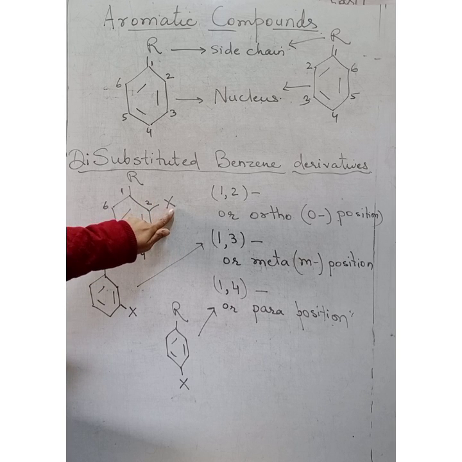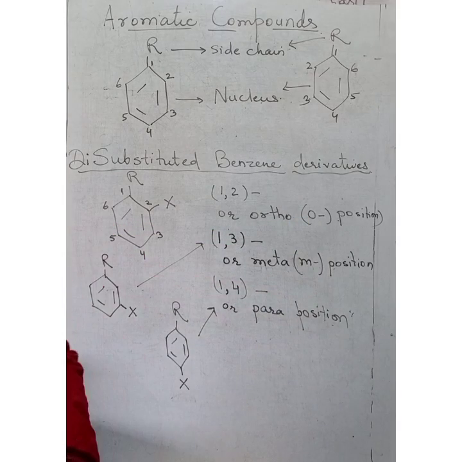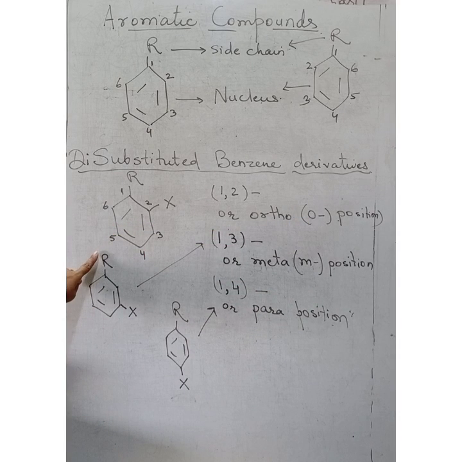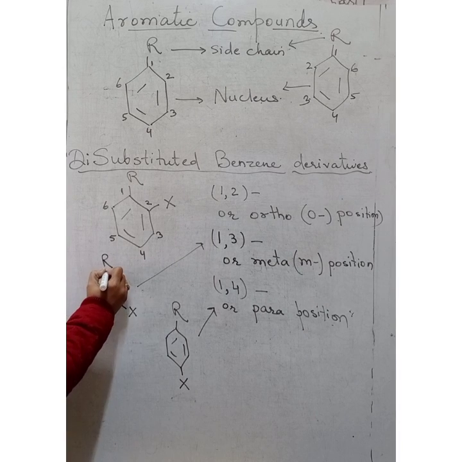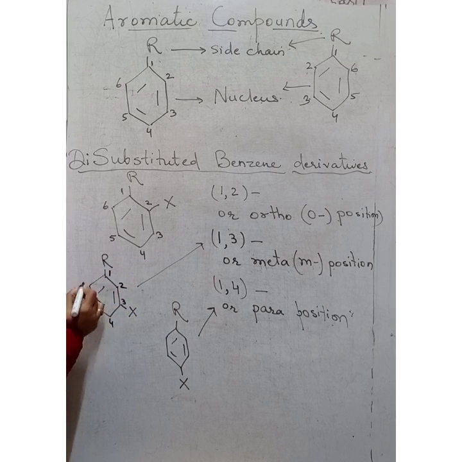If the substituent is present at position number 1 or 2, we can call it the ortho position. If with respect to the substituent, the other substituent is present at position number 3, we have to number it like this: position number 1, 2, 3, 4, 5 and 6.